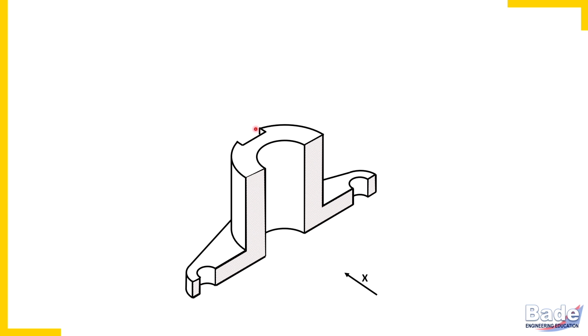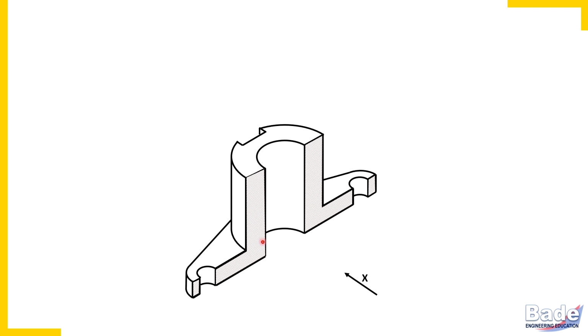So what did we study here? Because of cutting, fresh surfaces get created. Those surfaces are to be shown by hatching lines. Some hidden details get exposed because of cutting, that is, those hidden details become visible.